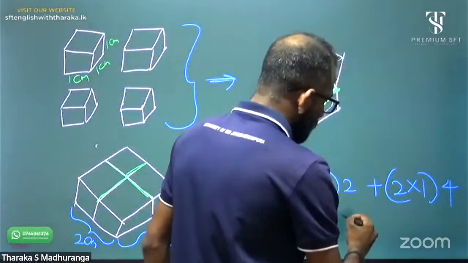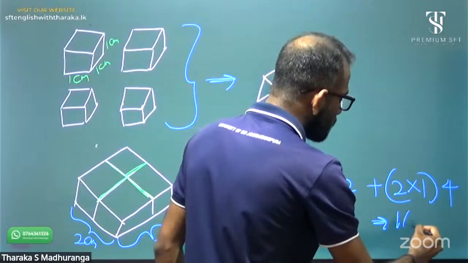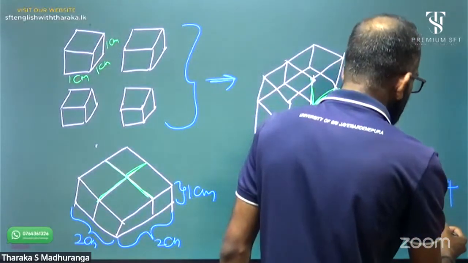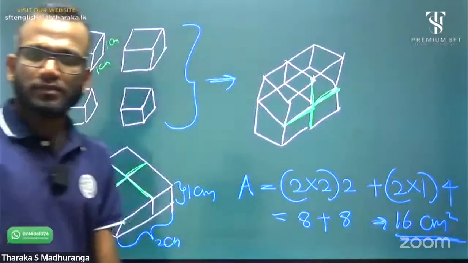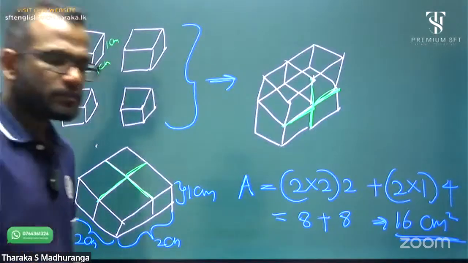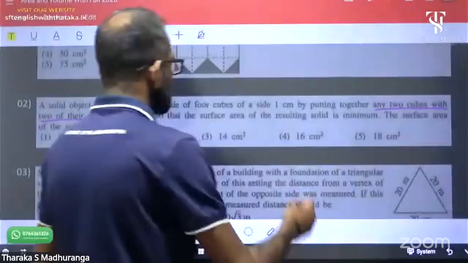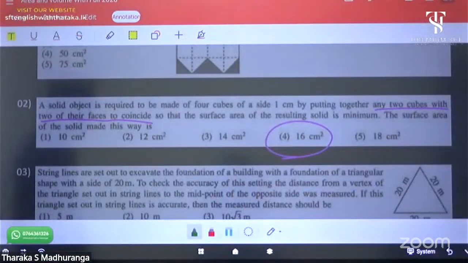That is 2 into 4, 8. So 8 plus 8, the resulting surface area is 16 square centimeters. Answer number 4. Any doubt?